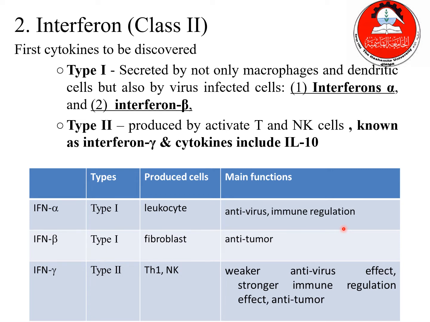Interferon gamma, classified as type 3, is produced by T helper 1 and natural killer cells. It has a weak antiviral effect, a stronger immune regulation effect, and is anti-tumor. So when we talk about interferon that works against viruses, we're talking about interferon alpha mostly.